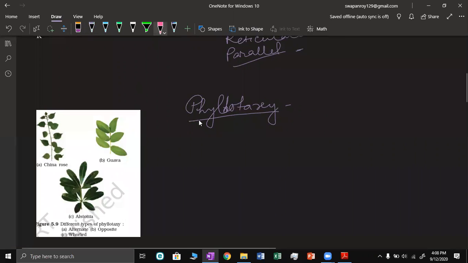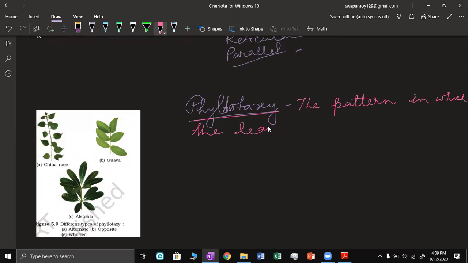Phyllotaxy is the pattern in which the leaves are attached to the stem or branches.